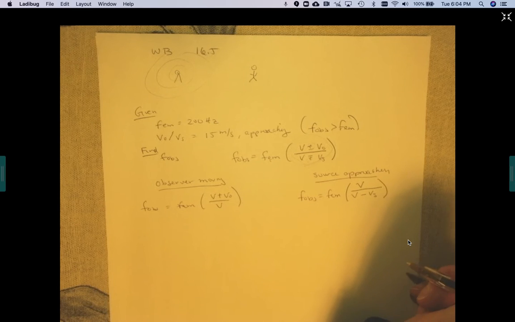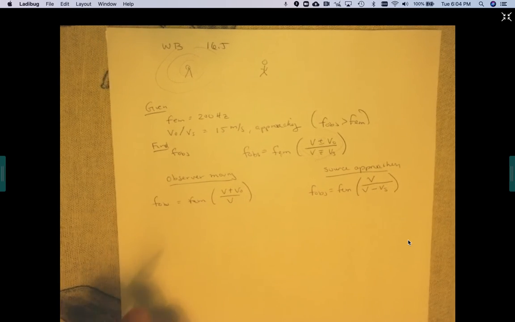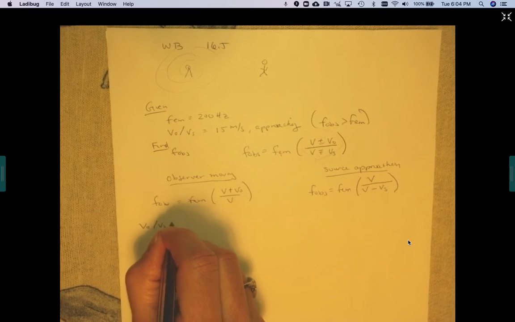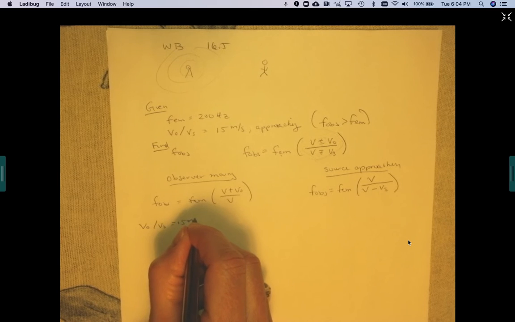Okay, and now we're just going to plug in for two different speeds. Let's do when the observer or source speed equals 15 meters per second.